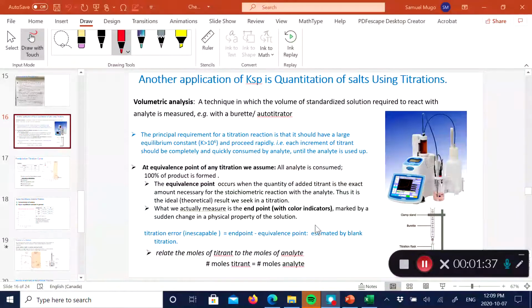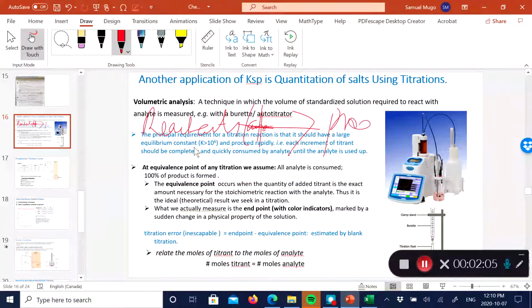It's very important to remember that when you are doing titrations, the K, the equilibrium constant, has to be fairly large. Meaning your reactants going to the products.